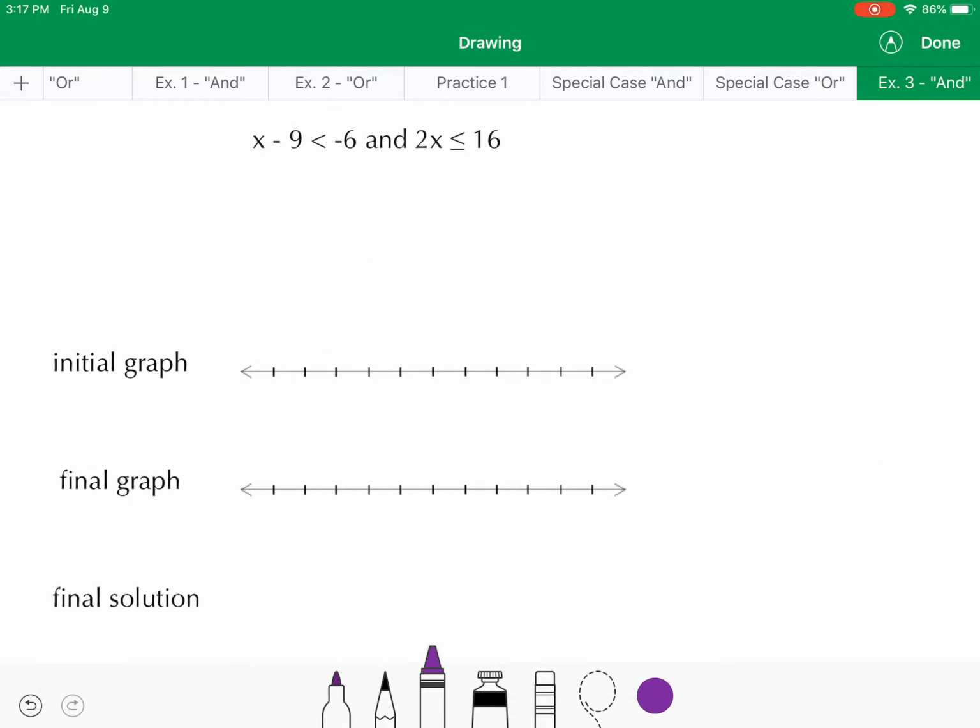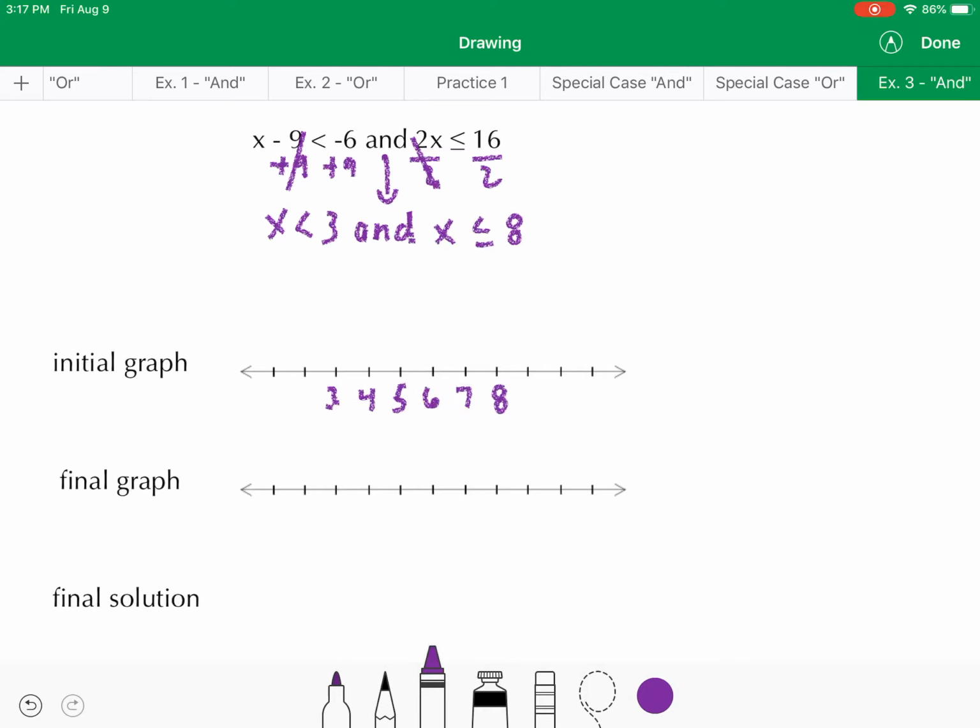All right, here we have an intersection at play, and I'm just going to solve each side separately. Make sure you bring that word "and" down. And then let's go ahead and graph. Okay, I'll do x is less than 3 in blue.